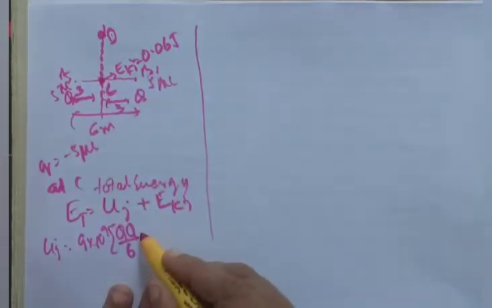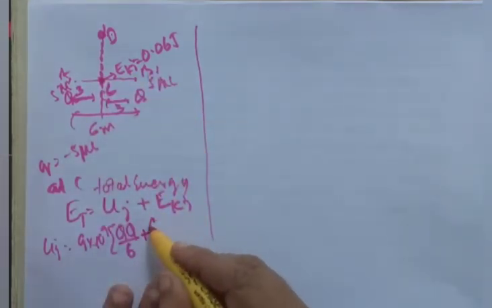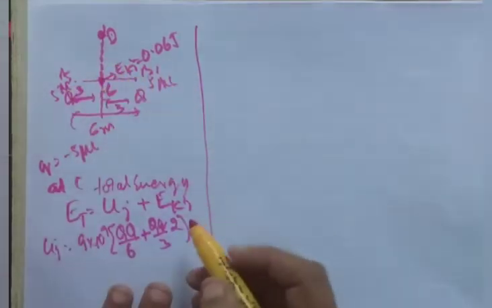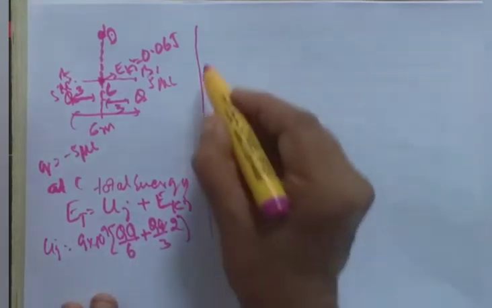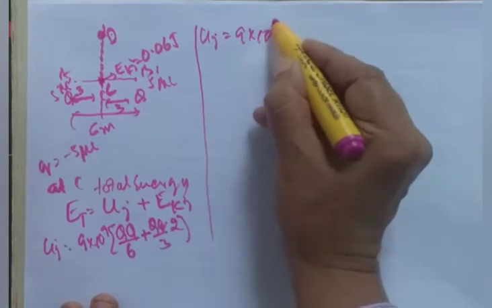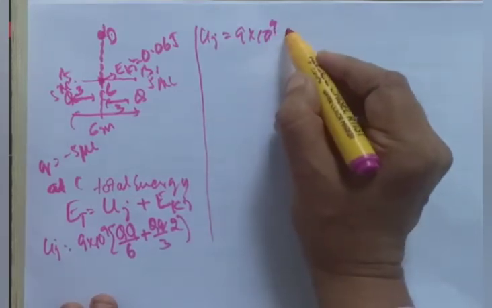I write plus Q into Q by 3 into 2, because with this and this. Now if we substitute everything, I get UI as 9 into 10 raised to 9 Q square.